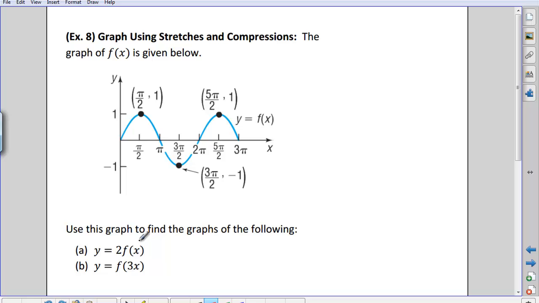So what that means is, here my original graph had the point pi halves, 1. My y value is just going to get doubled. That's now pi halves, 2.